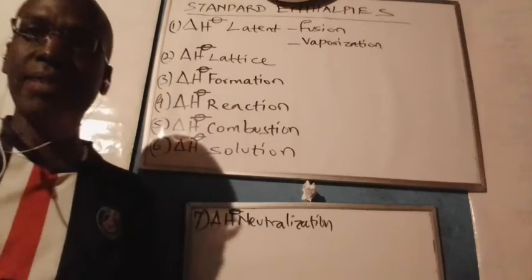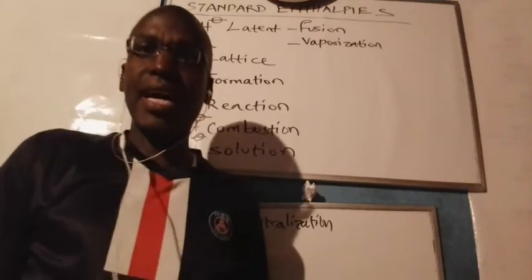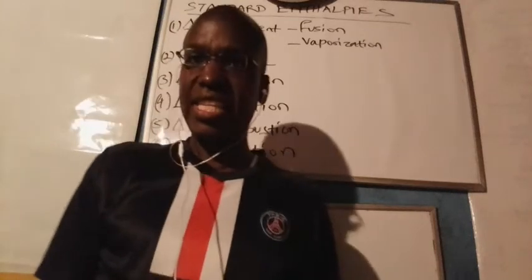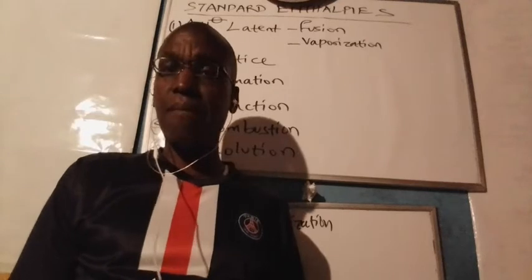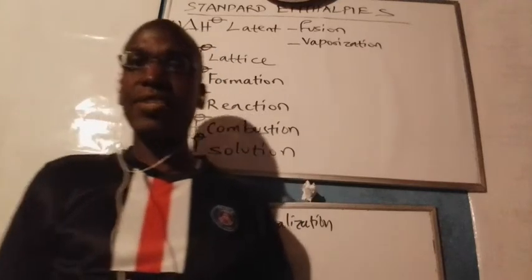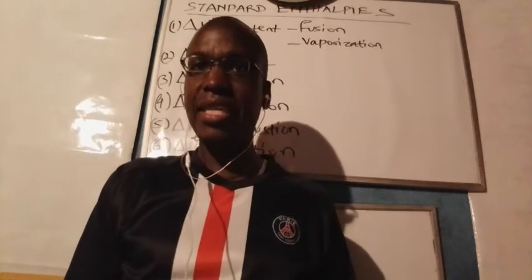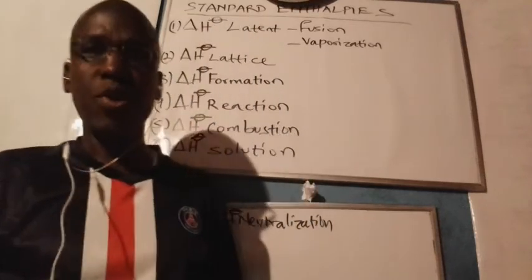Remember, when a substance melts, it melts at its transition temperature without there being a change in the temperature values. For example, when ice melts, it melts at 0 degrees Celsius and the temperature remains at 0 until all the ice has changed into liquid water.